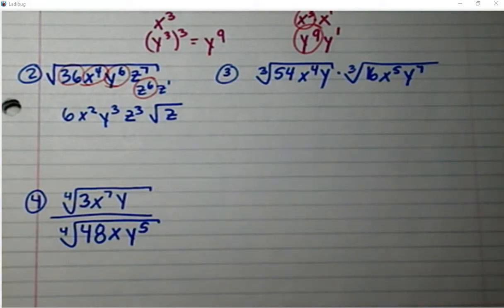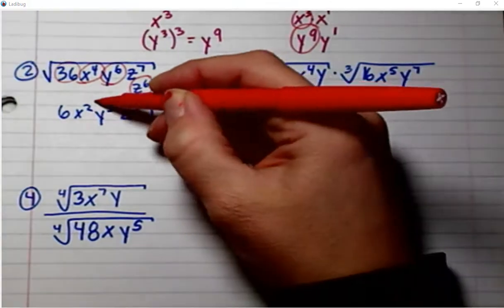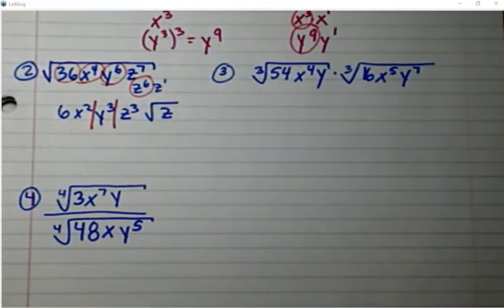Okay, so you're mixing up the pattern. Even root, even power, odd result. So where would it go? Yeah, there it is. Okay, on the y. Even, odd. That is the only pattern of roots and powers that gets the absolute value.